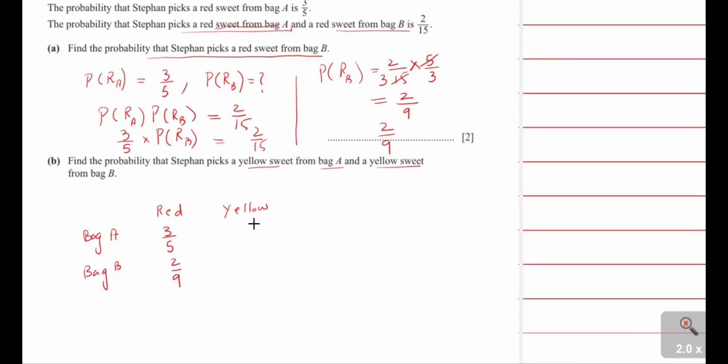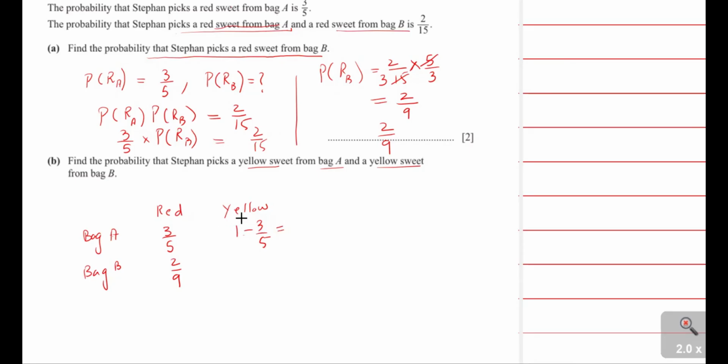The probability of a yellow sweet from bag A will be equal to 1 minus 3 over 5, because the total probability of red and yellow sweet of bag A will be equal to 1.